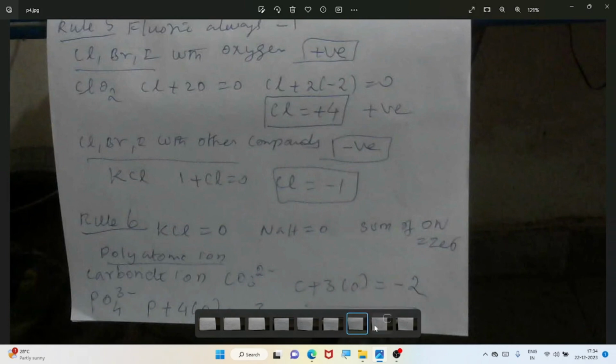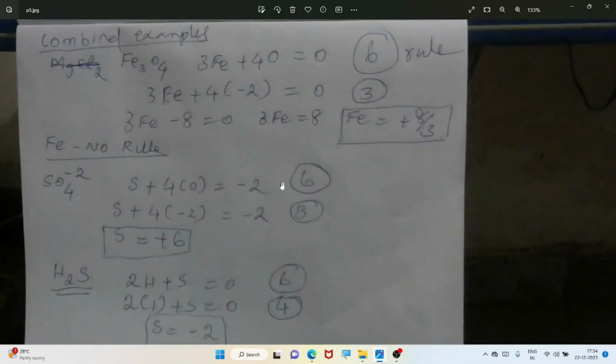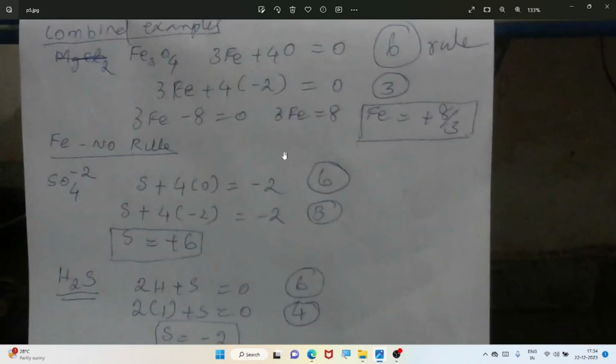Now using the rules, we will see how to find the oxidation number in compounds. Take the compound Fe3O4. There is no rule for Fe, so we have to find the oxidation number of Fe using the rule for oxygen. Oxygen is normally negative 2, so 3Fe plus 4O equals 0. This 0 is based on rule number 6, that the algebraic sum of all oxidation numbers should be 0.